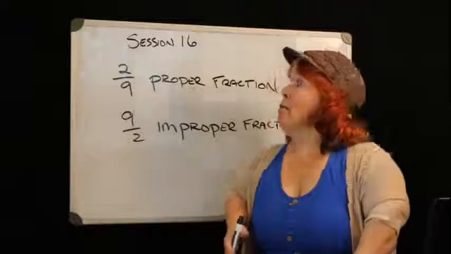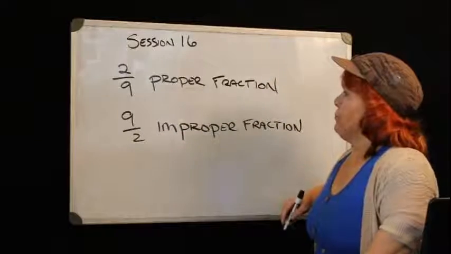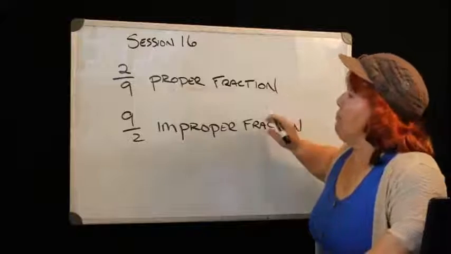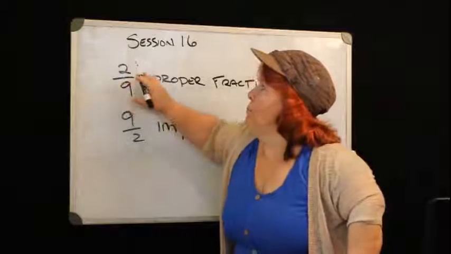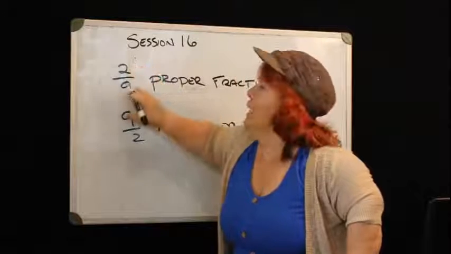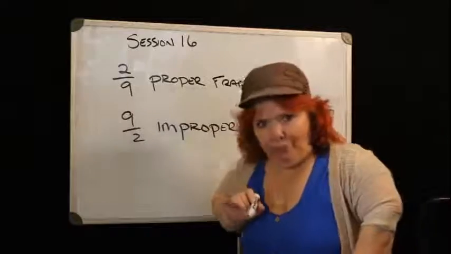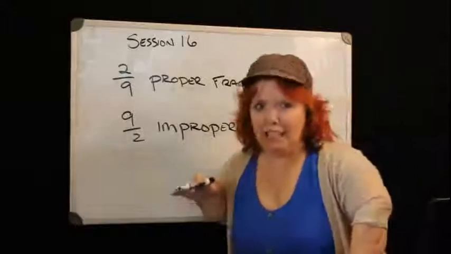Okay, next we're going to talk about a proper fraction and an improper fraction. A proper fraction, remember, do you remember what it's called up on the top, this number? It's called the numerator, and this is called the denominator. Not like the Terminator, the denominator.